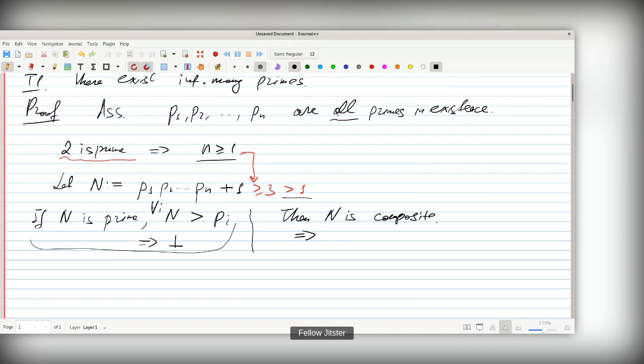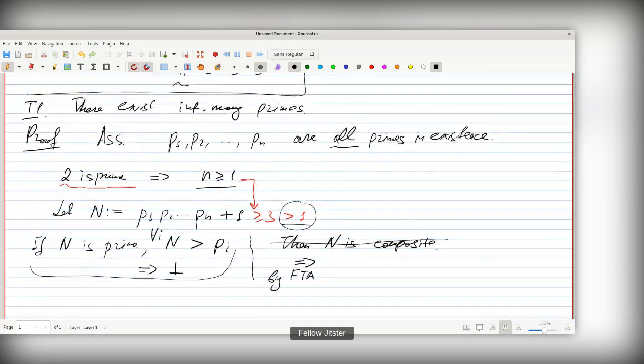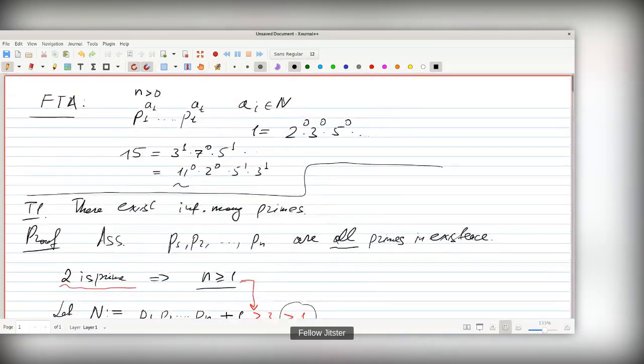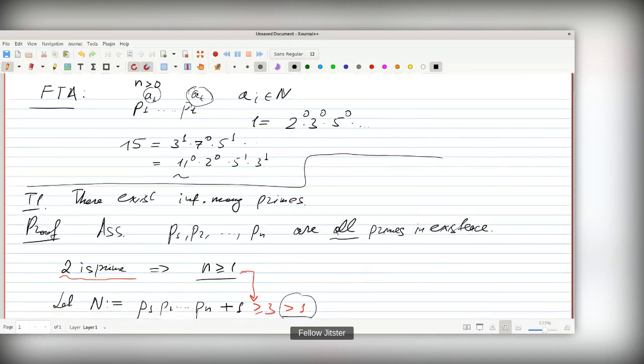Anyway, by the fundamental theorem of arithmetics, there is a prime divisor of this number. It is greater than 1, so it is a product of some primes to some degrees, a1, a2, and it is not possible to have all these degrees being equal to 0.